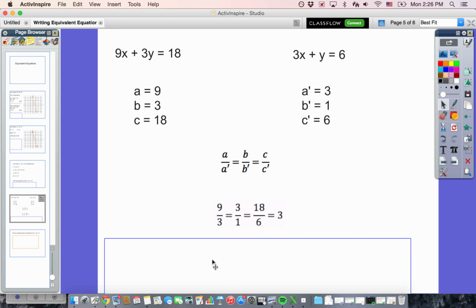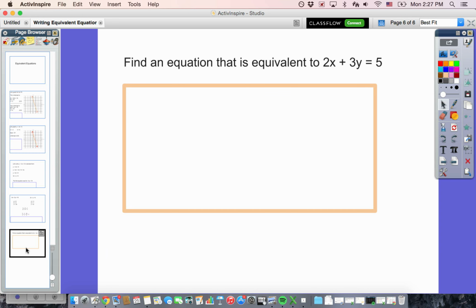When the coefficients and the constants have an equivalent ratio, this means that these two equations are equivalent. Now let's try to find an equation that is equivalent to 2x plus 3y equals 5.